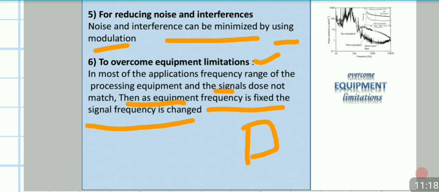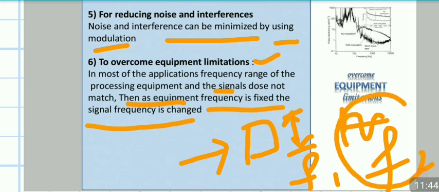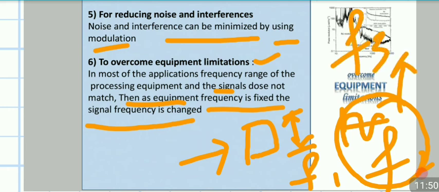Consider that I have an equipment that works at a certain frequency range, and the signal that is to work with this equipment is at a different frequency. If this is f2 and this is f1, they are both at different frequencies. We cannot change the frequency range of the equipment. That is a limitation of the equipment. To overcome the limitation of the equipment, we can change the frequency of the signal by modulating it to one more frequency, f3, wherein f3 is equal to f1. f3 is very similar to f1.